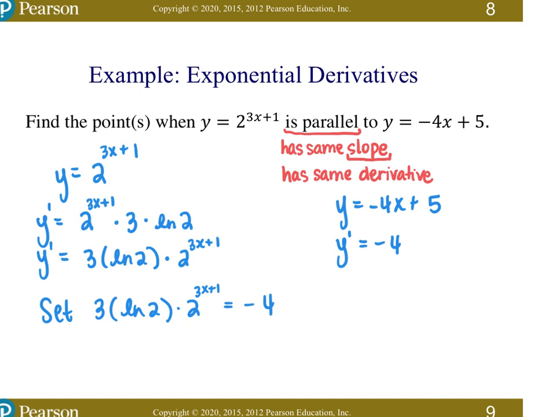I mean, I could solve it by hand, but I think it'd be easier if I solved it by graph. So when you want to solve something by graph, you put one of the equations into y1 on your calculator and the other one into y2, and you look for where they cross each other.